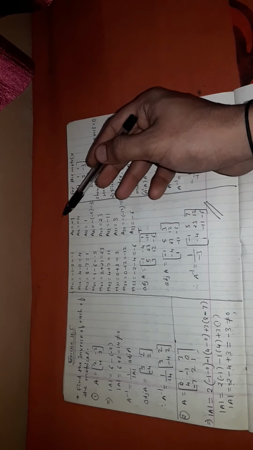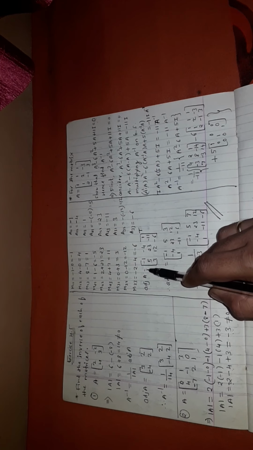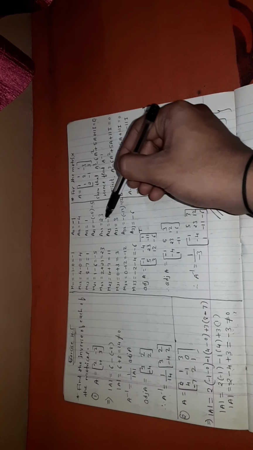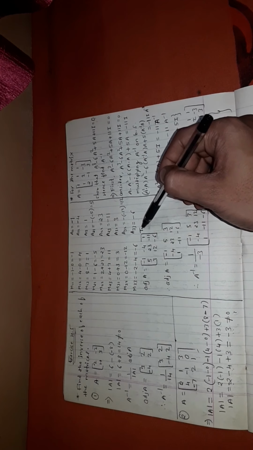I told you how to find the cofactors: you give the alternate signs, plus minus plus, minus plus minus, plus minus plus. Therefore adjoint of A is equal to the matrix with the first three elements in the first row, the second three elements in the second row, the next three elements in the third row, and its transpose.